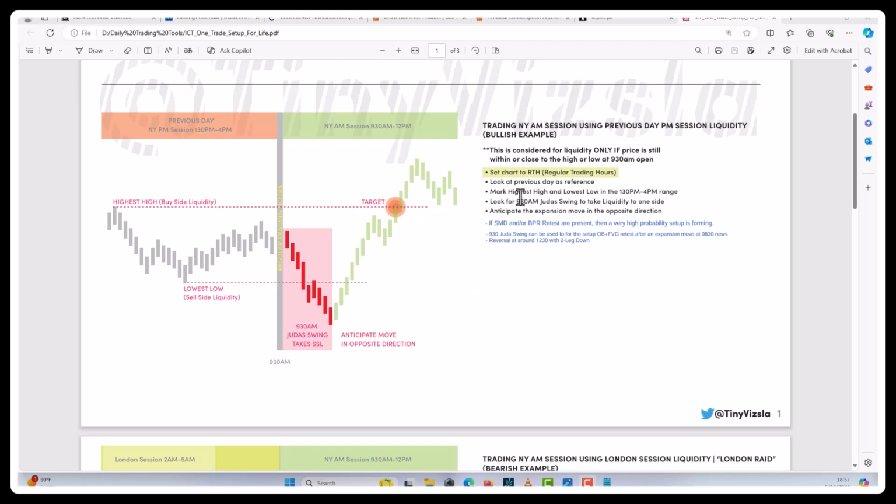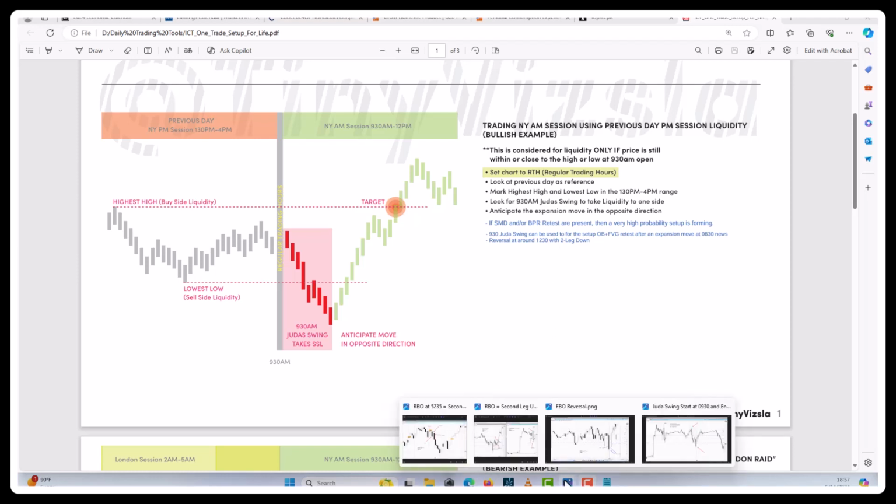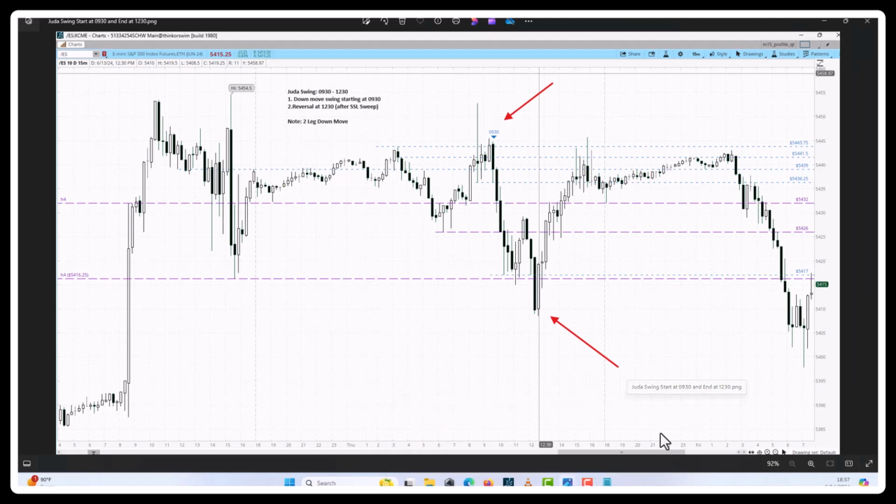Look at yesterday. It's exactly the trade we took yesterday, and it fits into the ICT Judas swing. The swing stopped at 12:30, which is where the reversal started, and it raided the low of the prior day.